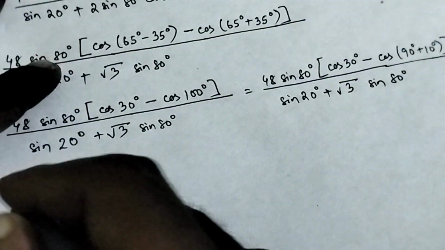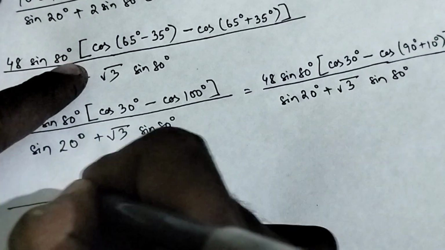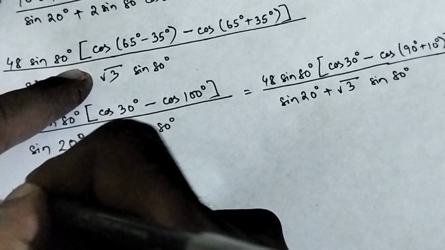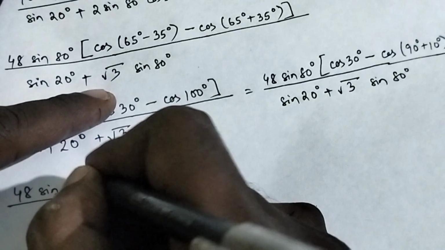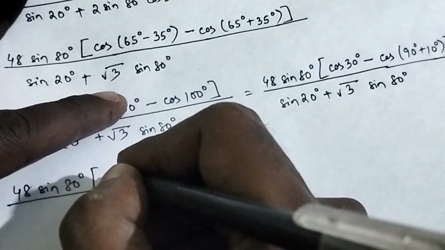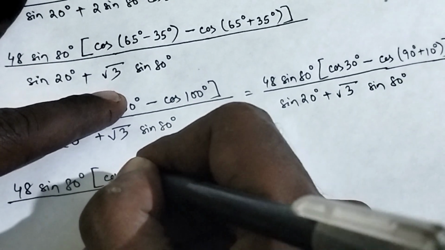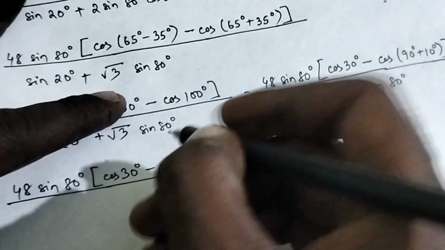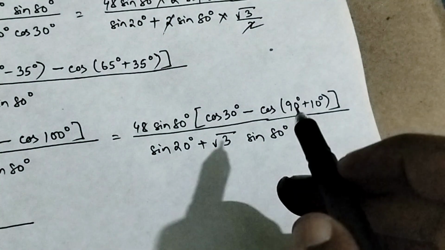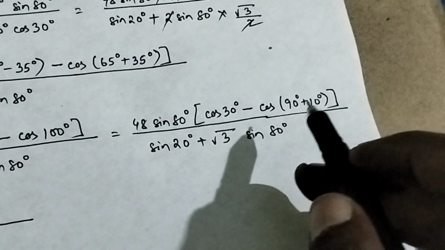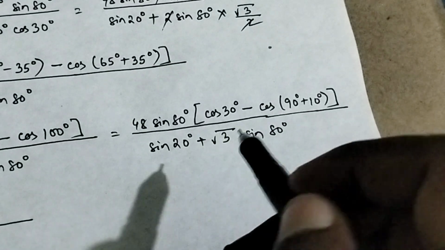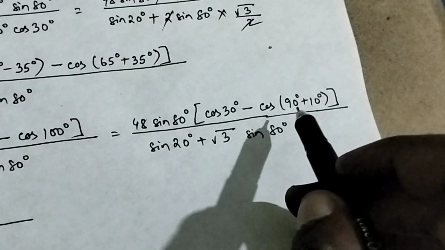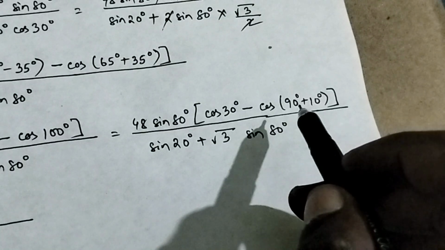So now 48 sine 80 degree into cos 30 degree minus cos(90 plus theta). Cos(90 plus theta) means 1 into 90, so it will become sine, and 90 plus theta is in the second quadrant.